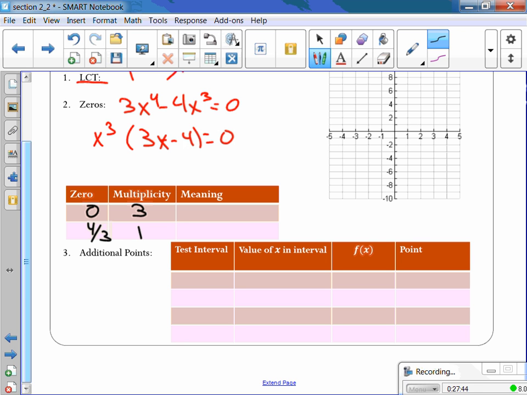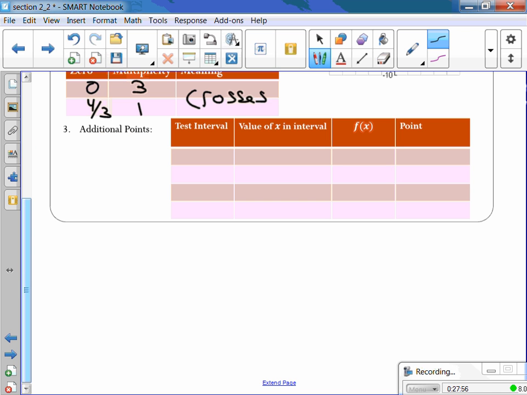So now for my test intervals. Some nice simple ones, right? So evaluating at negative 1, whether we decide to use the original or the factored form, we did not alter that factored form, right?